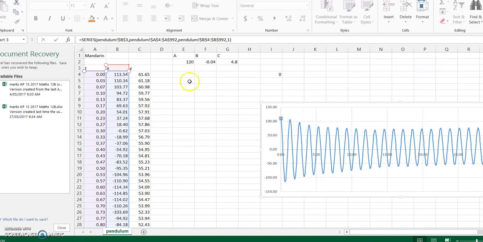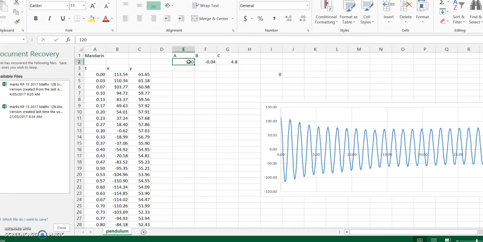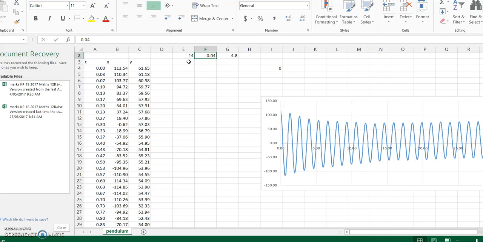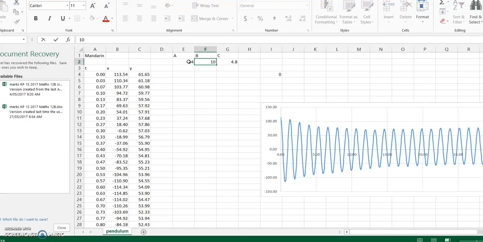Let's see, actually I've started it here. A is 114, B is 10, C is 5.7. Now, this graph here is my t versus my x.